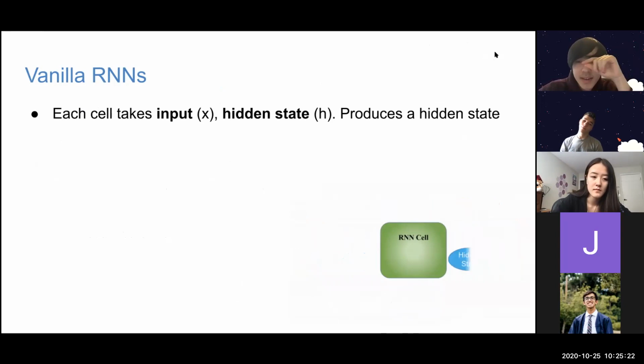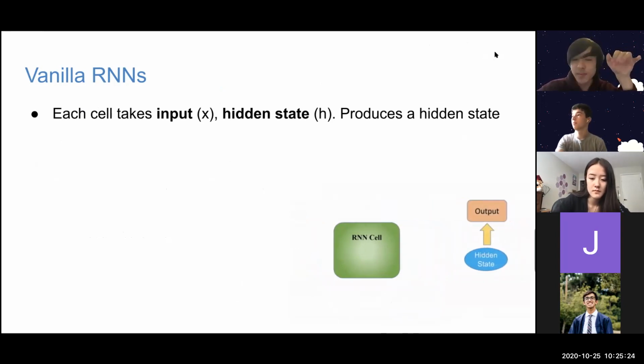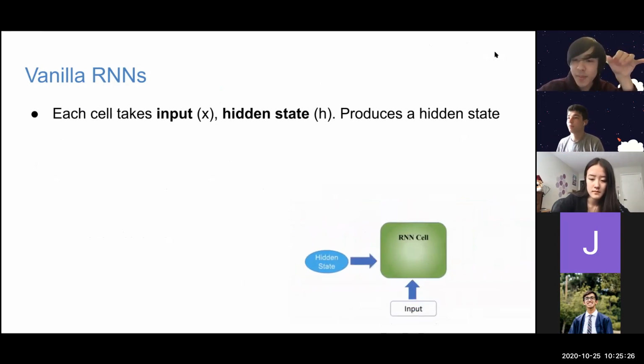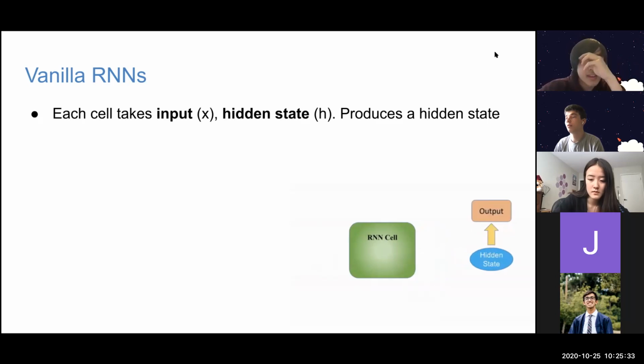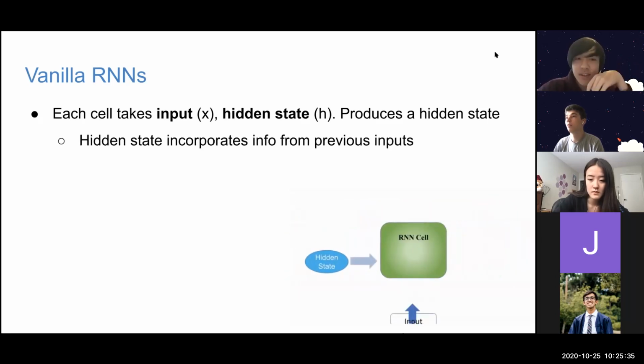The idea behind the hidden state is that it's supposed to represent all the information that you've seen before in just one vector. The RNN cell learns to incorporate all the info from the previous input. Theoretically, you should be able to remember everything that you've seen before with just that fixed-length hidden state vector.